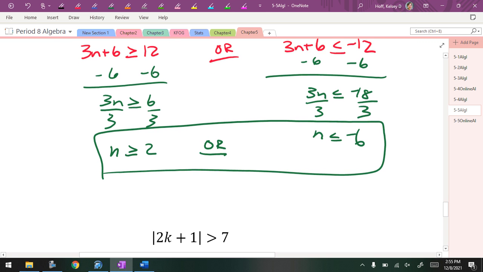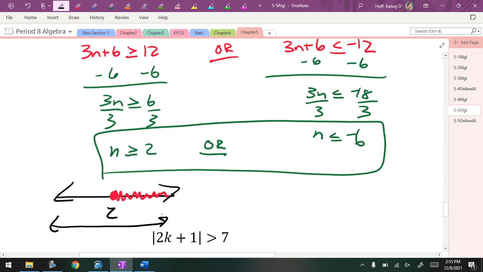But we got a graph here. Important number is 2. Open or closed? Closed, left or right? Right. Important number is -6. Open or closed? Left or right?